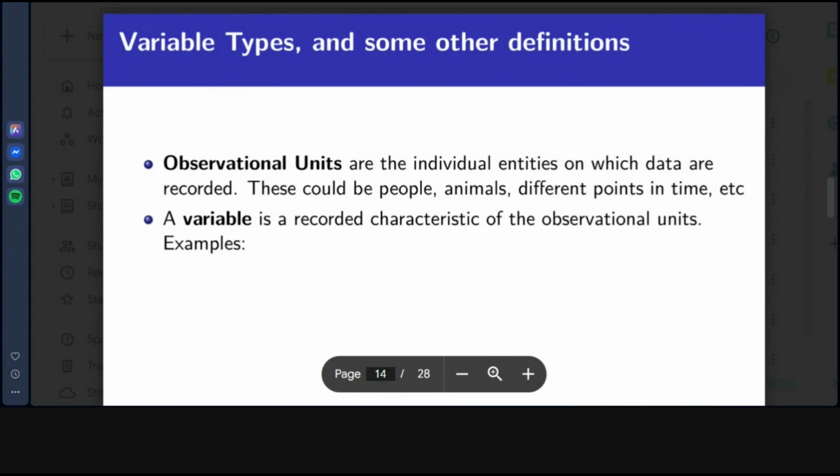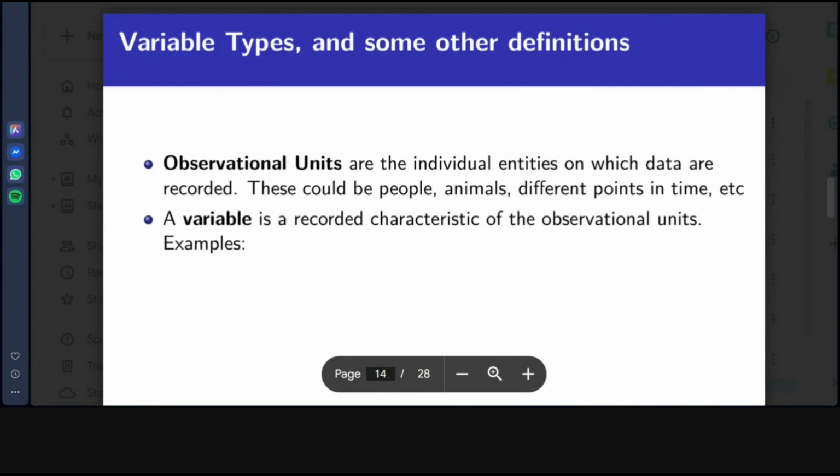Or you could even have more abstract kinds of observational units, like, for example, basketball free throws. You want to see every time you try a free throw whether you make it or not. So each trial is an observational unit. All right. So just bear in mind, observational units need not always be physical entities.